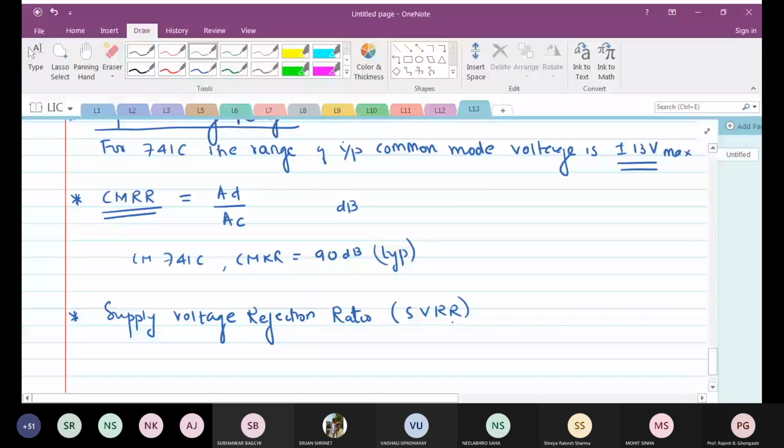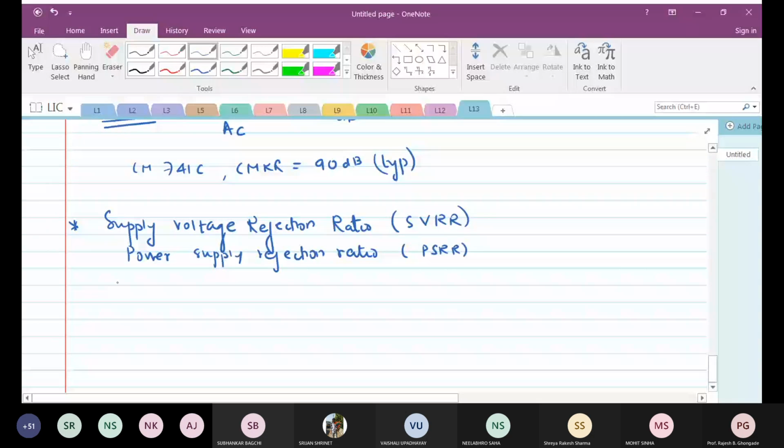It is also called power supply rejection ratio, PSRR. All these are synonyms. Also power supply sensitivity, PSS.